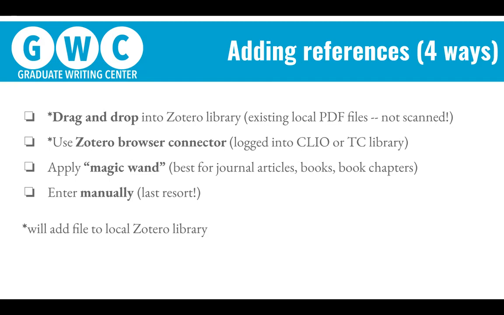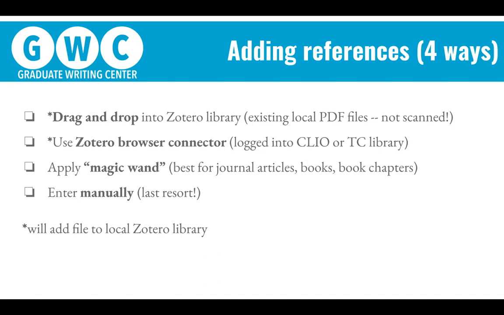A second way to add a reference is using the Zotero browser connector, something that I introduced you to in an earlier webinar. So you might have the Chrome browser, you might have a Safari browser. Again, in a previous webinar, I mentioned the Chrome browser connector is probably the most developed one.